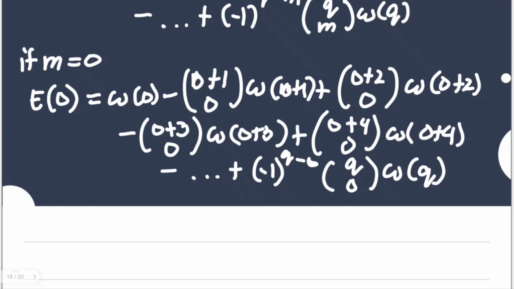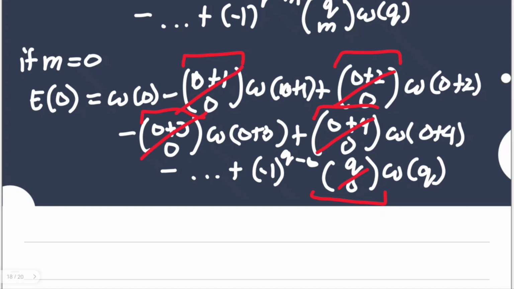But if we look at these combinations, all of these, you would see that our r is 0, and when you have a combination of any n taken r at a time with r equal to 0, all of them will be equal to 1.